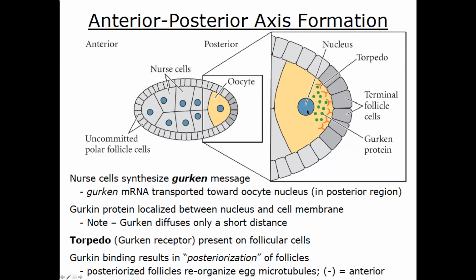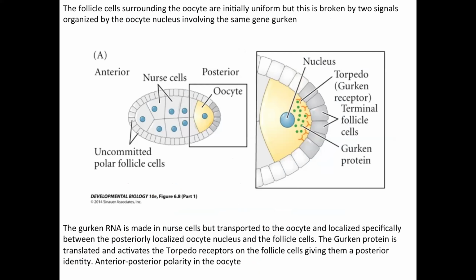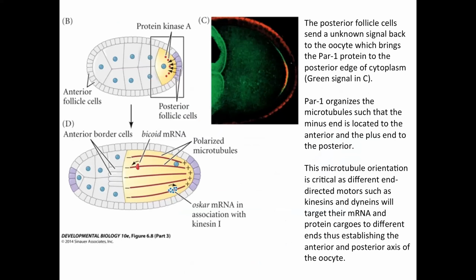Now, the activation of the terminal follicle cells by Gurken will result in posteriorization, and this posteriorization will organize the microtubules so that the plus end is towards the posterior side, and the minus end towards the anterior side.